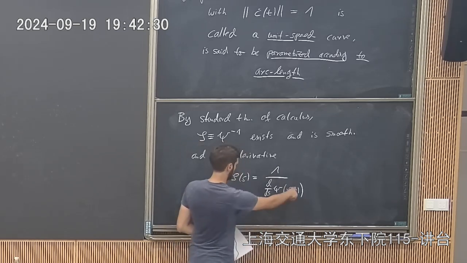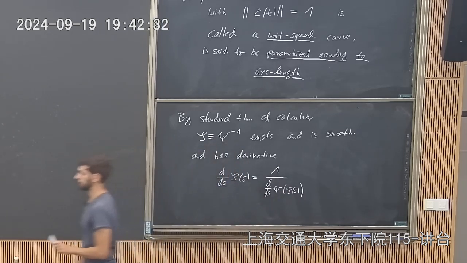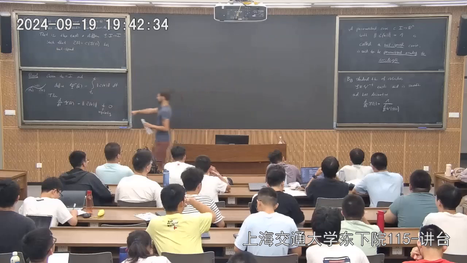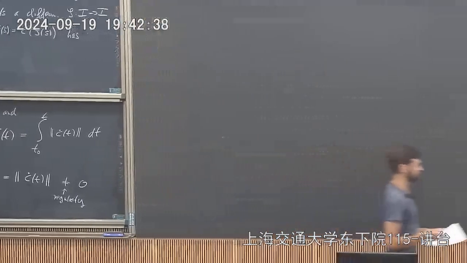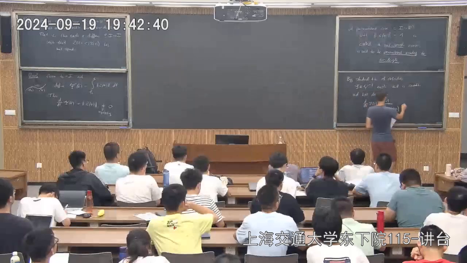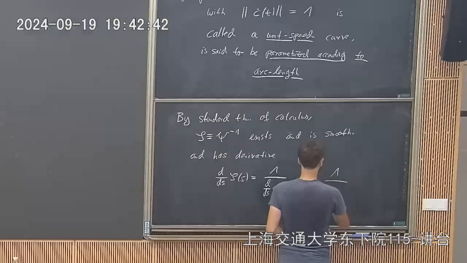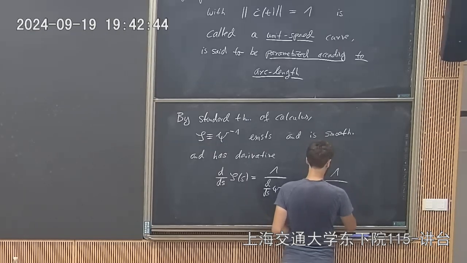And now we know this one already. We calculated it just now, right? The derivative of this one is 1 over the length of the curve, which is 1.